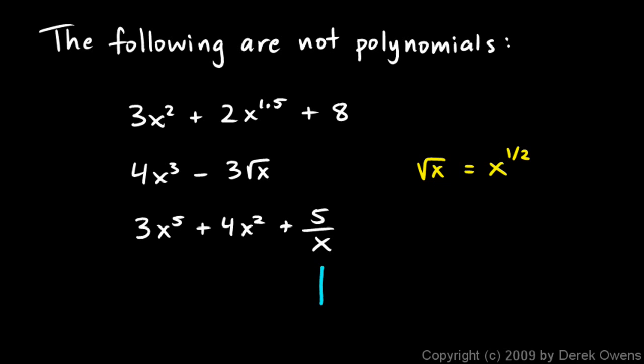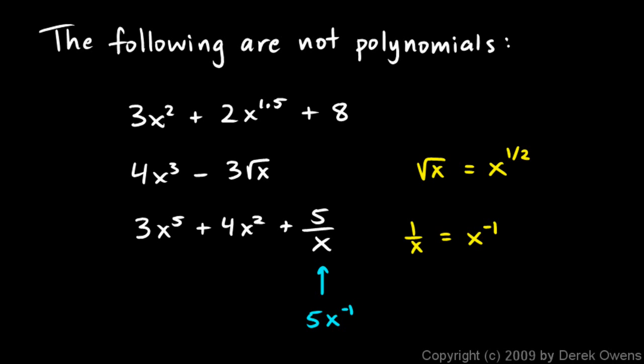And a similar thing happens right down here. 3x to the 5th plus 4x squared plus 5 over x. You can't have a variable in the denominator. 1 over x, you might remember, is the same as x to the power of negative 1. So this term right here, 5 over x, is the same thing as 5 times x to the negative 1. And negative 1 is not a whole number.